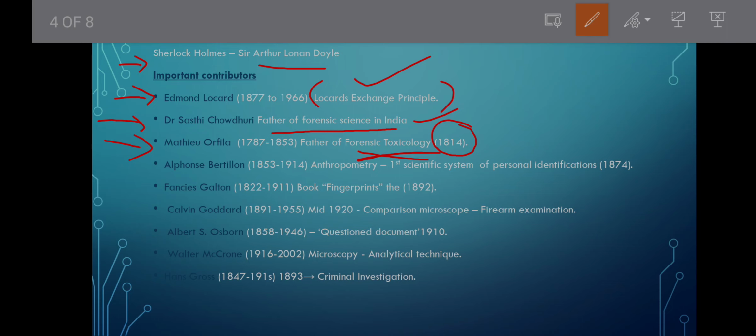He pioneered the use of chemical analysis on the human body to determine the cause of death. He was the first person to use these chemical methods on dead bodies, to determine how a person had been poisoned.